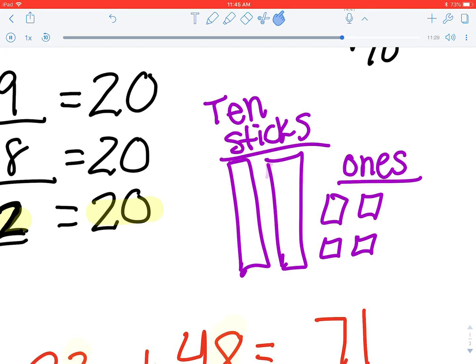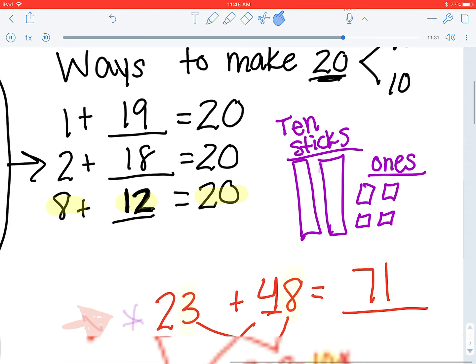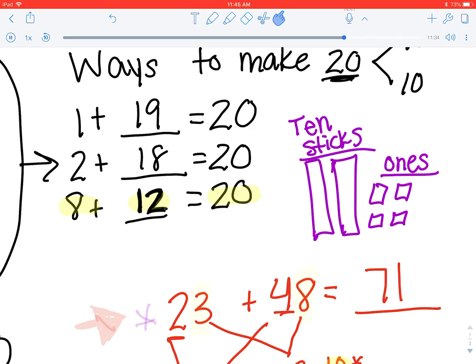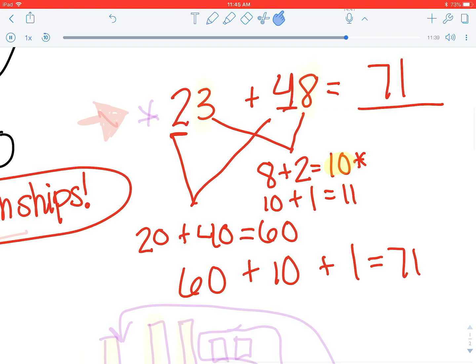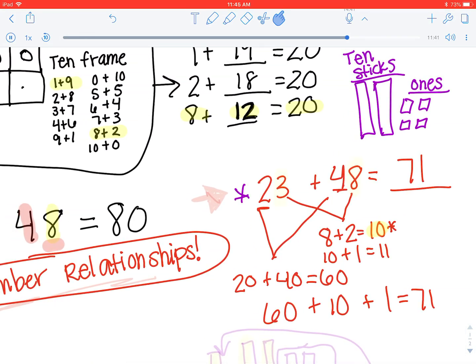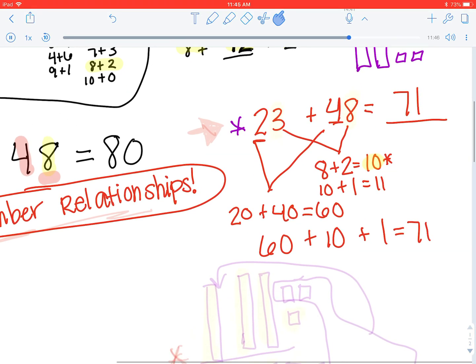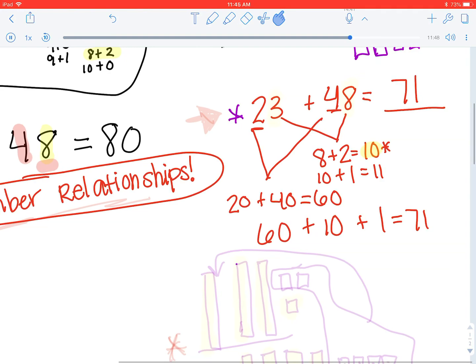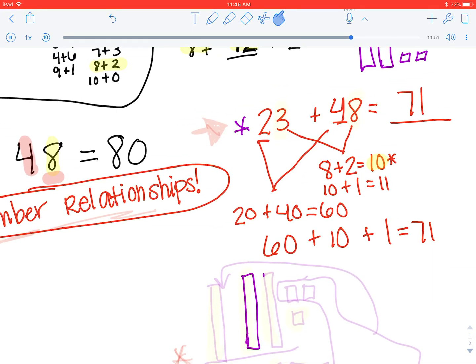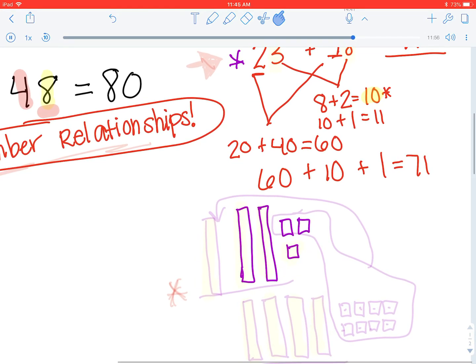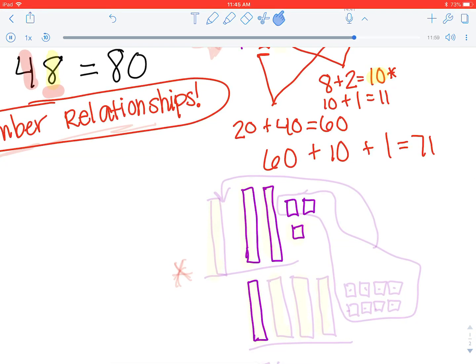So if this is what your child is needing to do for now, that is fine, if that's what helps them, but we will eventually be working away from that, because I wouldn't necessarily be wanting them to draw 10 sticks and ones for this problem, but if that's how they need to see making a group of 10, then that's fine. For right now, it really is. So please don't discourage your child from drawing pictures, because if that's how they need to visually see it, they will eventually transfer that concept.